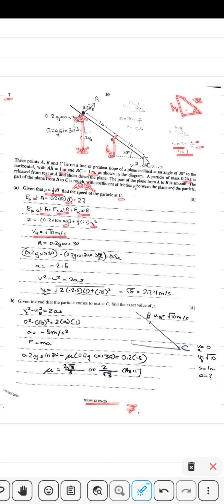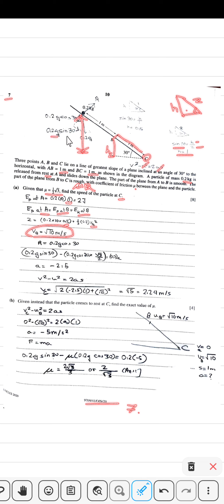To find the speed at C, we use v squared minus u squared equals 2as. We know the distance is 1, and we know u is root 10, the speed at B. We only need the acceleration.